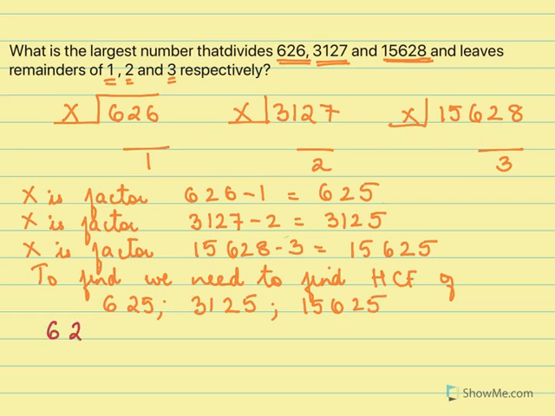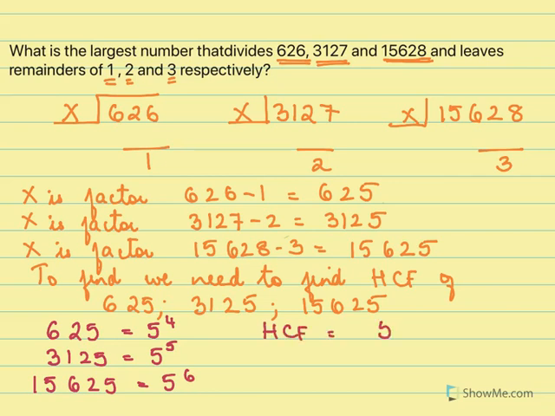So when we do prime factorization, 625 is 5 raised to 4, 3125 is 5 raised to 5, and 15625 is 5 raised to 6. So for HCF, we take common factor, that is 5, and take the lowest power, which is 4, that is 625.